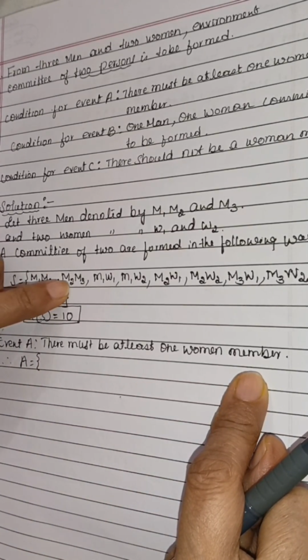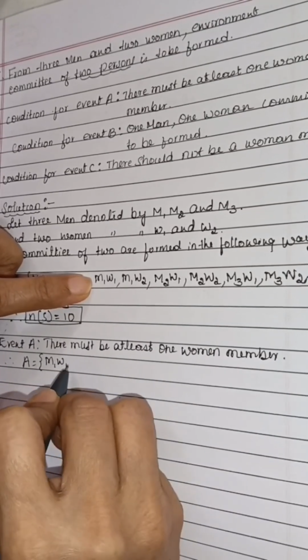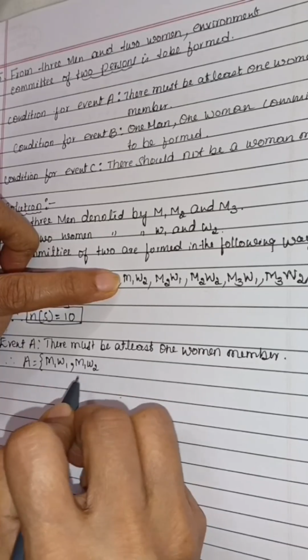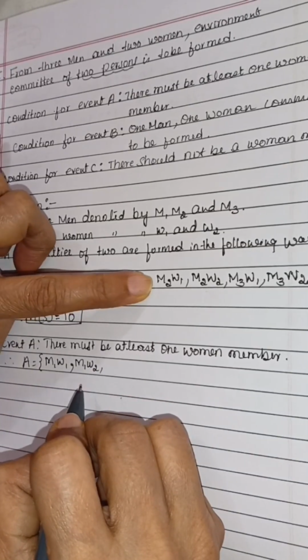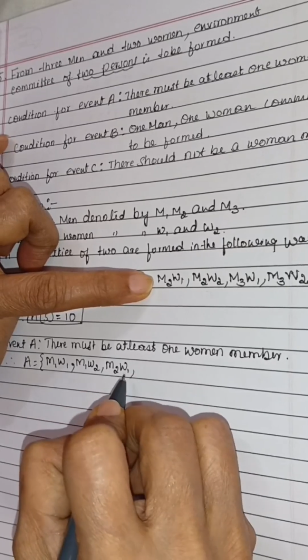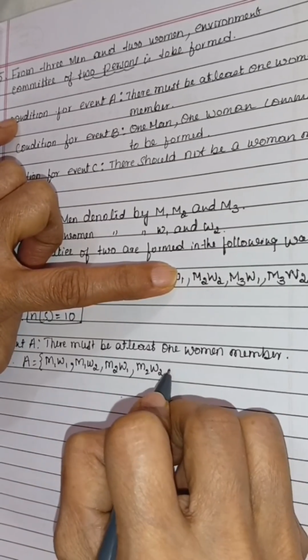M1, M2, no. M1, M3, no. M1, W1, one woman is there. Then M1, W2. M2, W1. M2, W2. M3, W1.